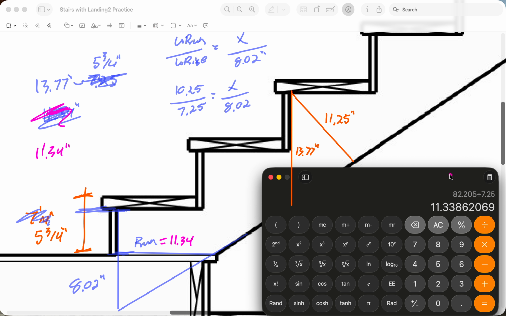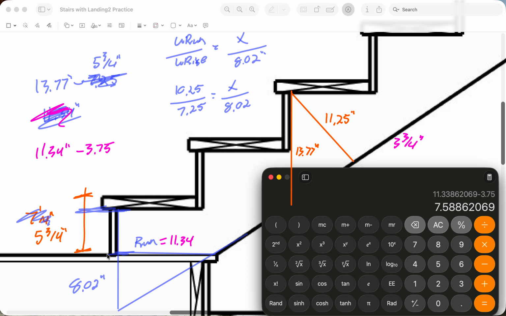But I had said earlier, we already know we have 3 3/4 extra because of the length of each run and how wide that opening would be. So what we can do is 11.34 minus 3.75.